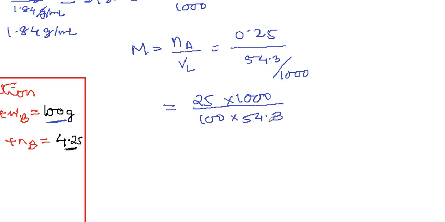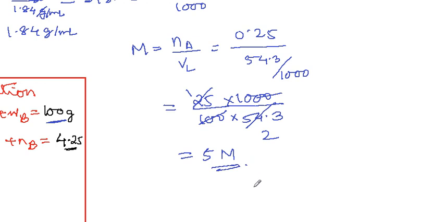54 is as good as 50, so we can roughly take it as 50. So this is 2 times, and then the zeros cancel out, so roughly we'll have 2 molar.